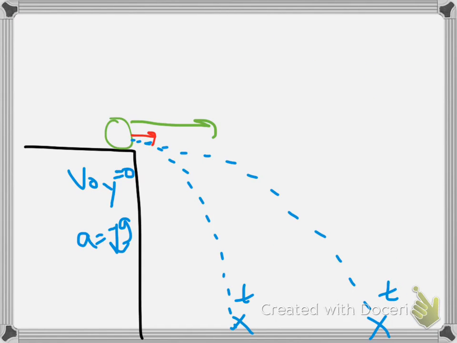So what we're saying here is that with horizontal projectile motion, whether we drop an object or launch an object horizontally, which means straight outward, it's going to take the exact same amount of time to fall, no matter what the velocity coming off.